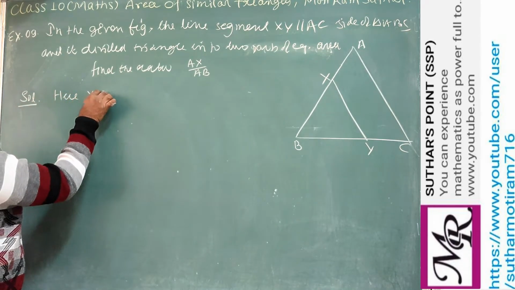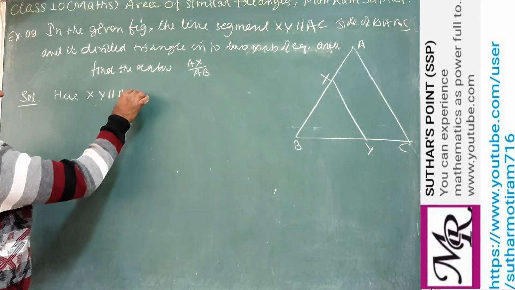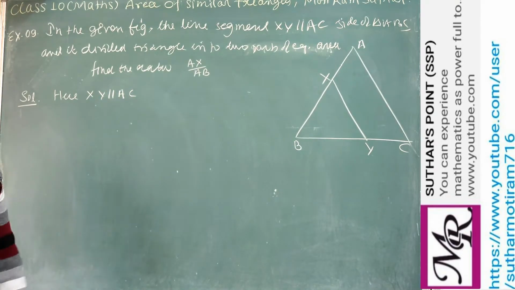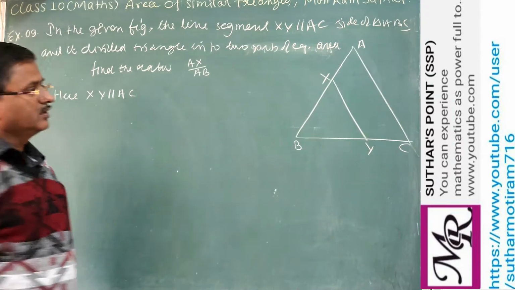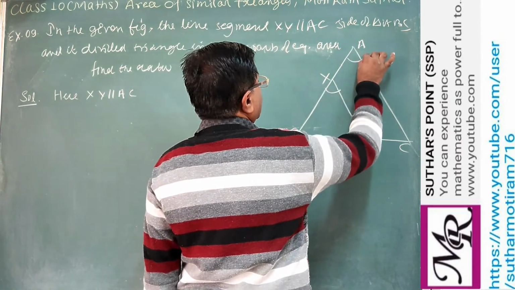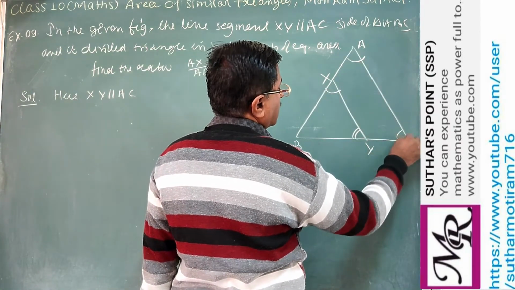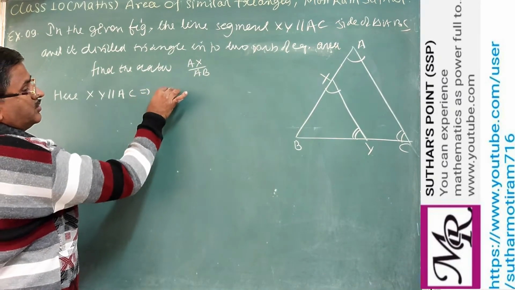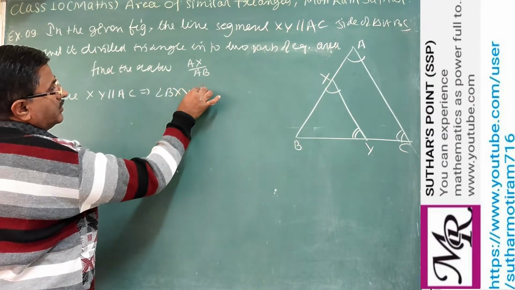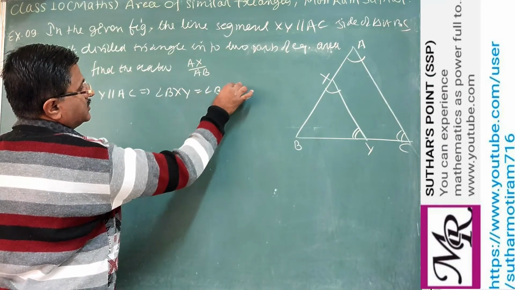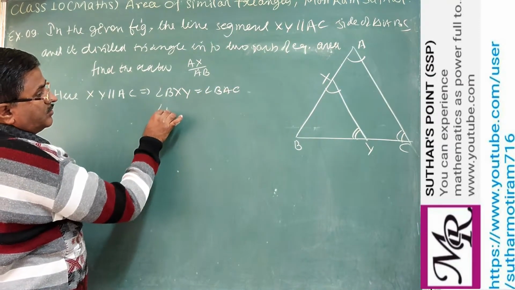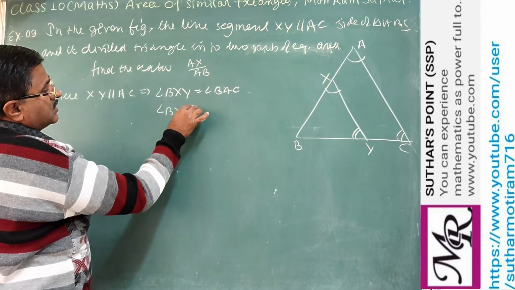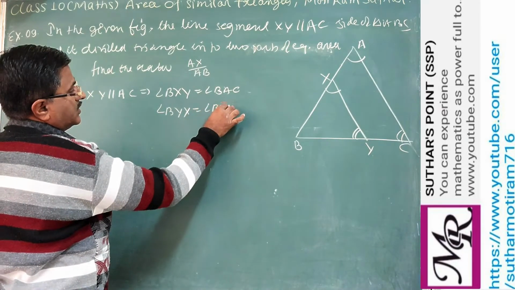Here XY is parallel to AC, so their corresponding angles are equal. Therefore, angle BXY is equal to angle BAC and angle BYX is equal to angle BCA.